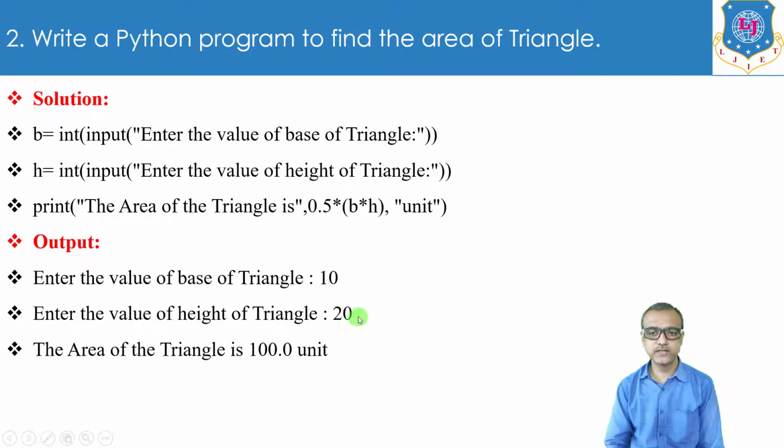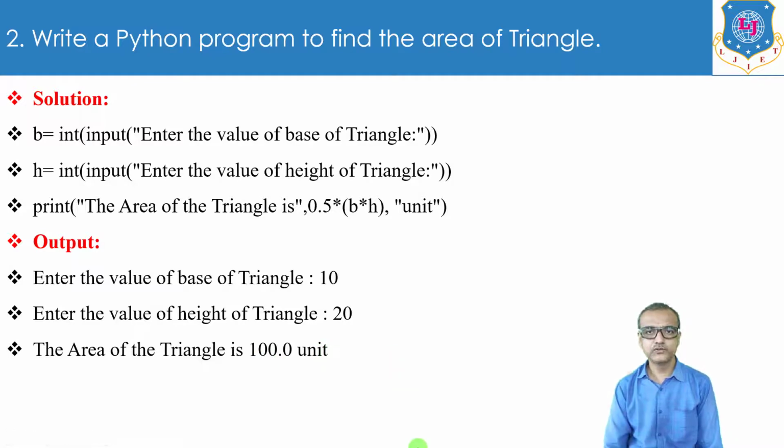Say the user has entered 20. So what will be the area in this case? Multiply these two values, that is 10 by 20, that is 200. Now divide the result by 2, you will get 100.0 unit. So the final output is, the area of the triangle is 100.0 unit.